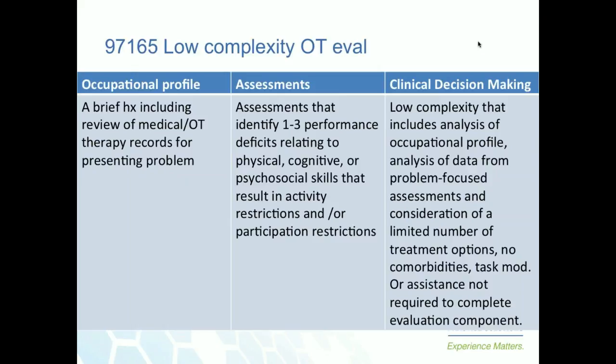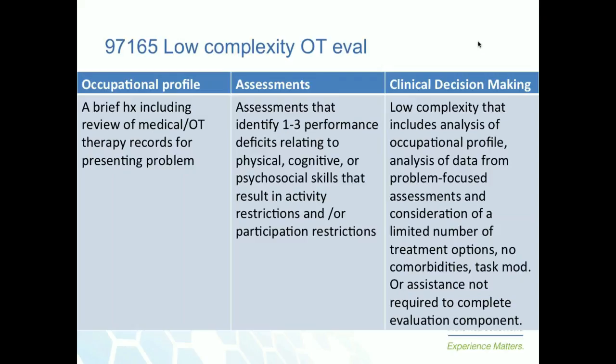So 97165, the low complexity OT evaluation code, includes a brief history including review of medical and OT therapy records for the presenting problem, assessments that identify 1 to 3 performance deficits relating to either physical, cognitive, or psychosocial skills that result in activity limitations and participation restrictions.